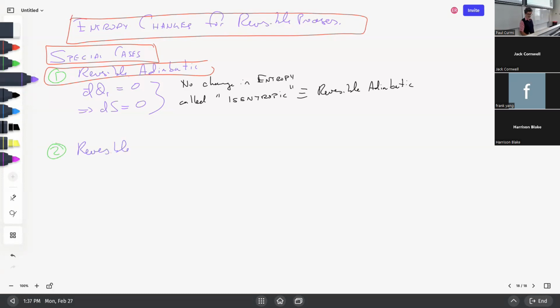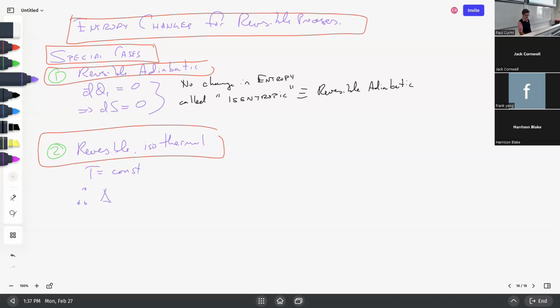Reversible isothermal. This one is also special. I say that T is a constant. Therefore, delta S equals S_B minus S_A, and it's going to be my integral from A to B of d̄Q reversible on T. But T is a constant.